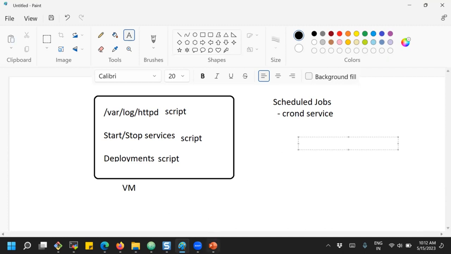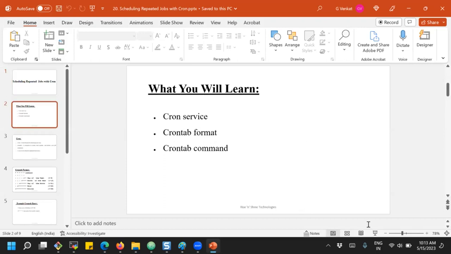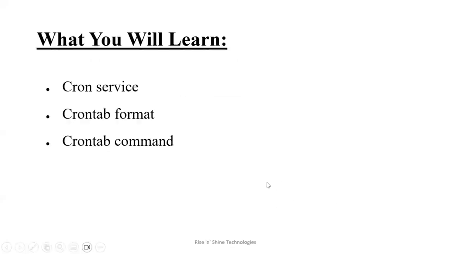So that's what we call the cron job service, scheduling repeated jobs with cron. The main service we are going to learn from the Linux boxes is the cron service. And how do we define the cron jobs? There is crontab available to define the jobs. We use crontab, and we should know its format.